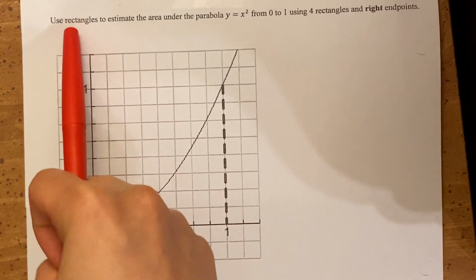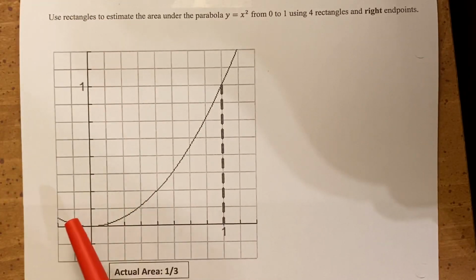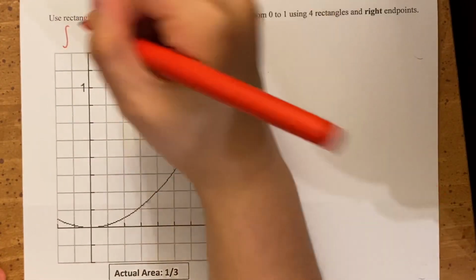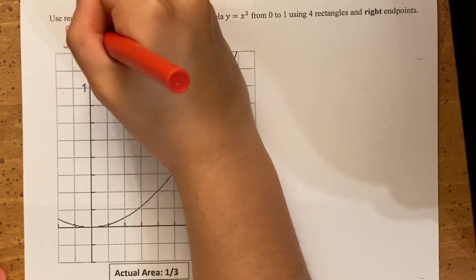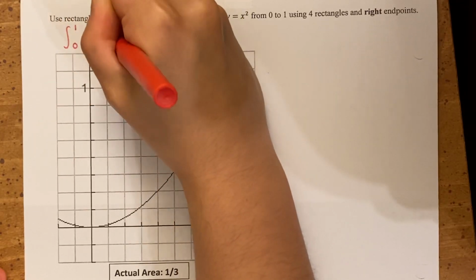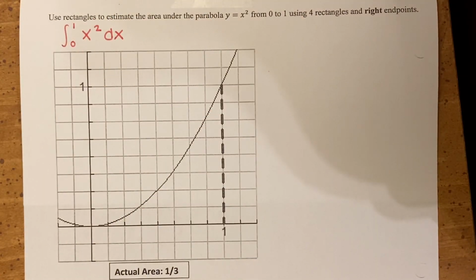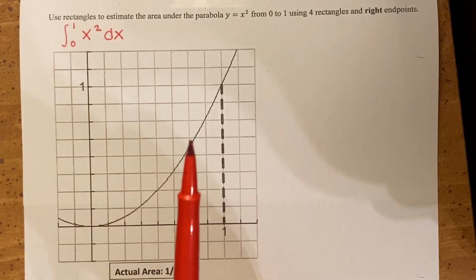So using the area of rectangles is one way to estimate the integral from 0 to 1 of x squared dx. Once we find our estimated area, it's going to estimate what this is going to be.